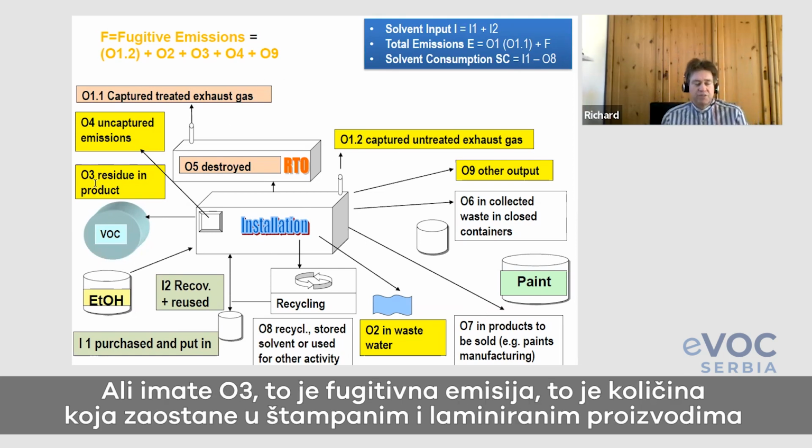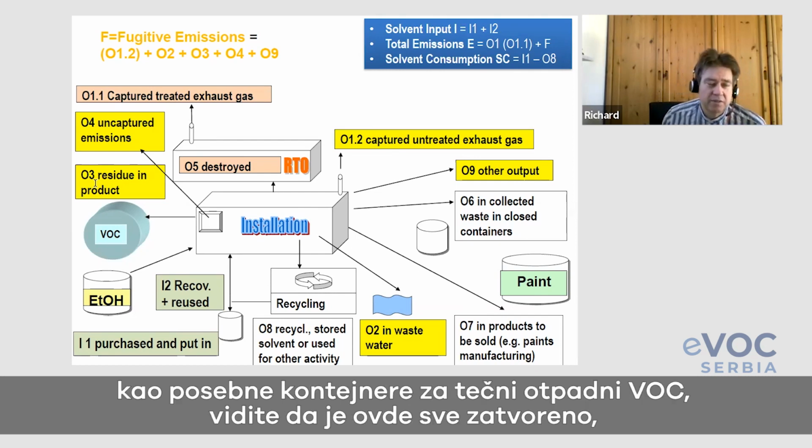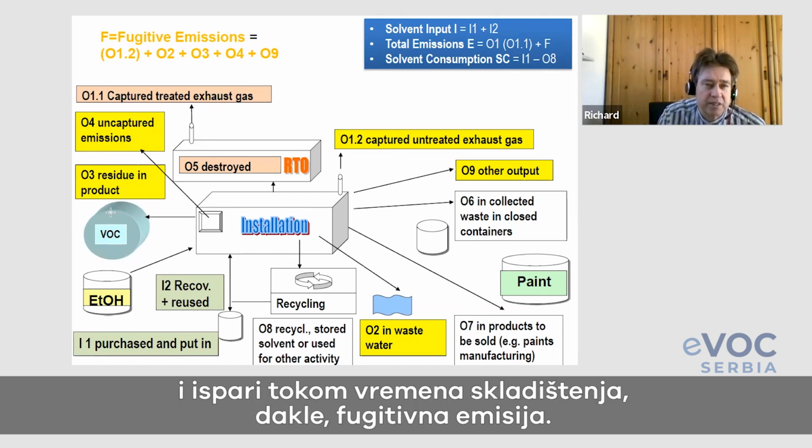O3 is a fugitive term. It is that quantity that will remain maybe in your printed products or laminated products. So that is something of VOCs that will be evaporated during the time when you store it. So that is fugitive.